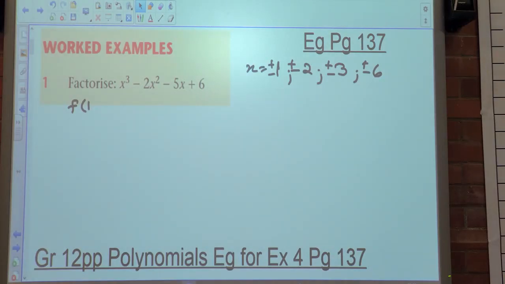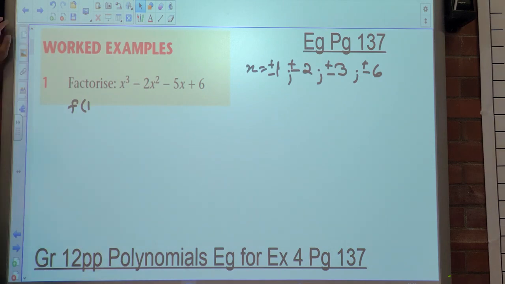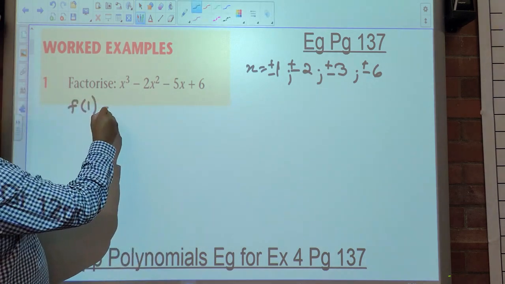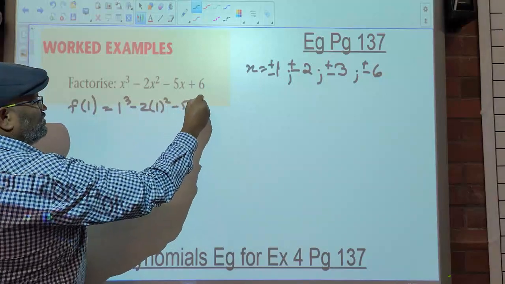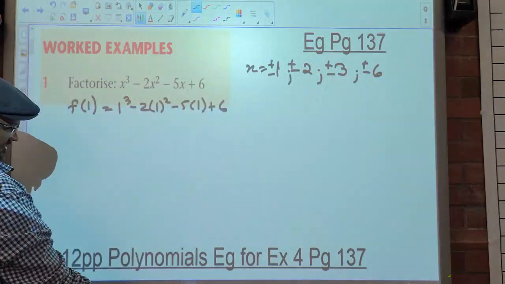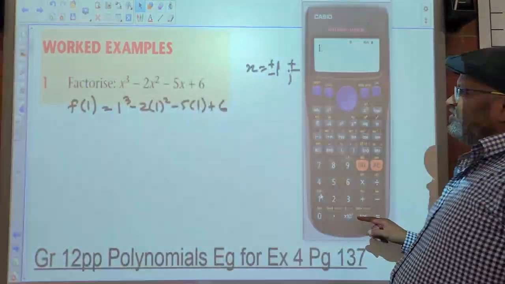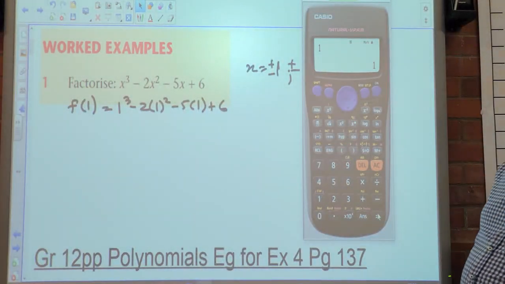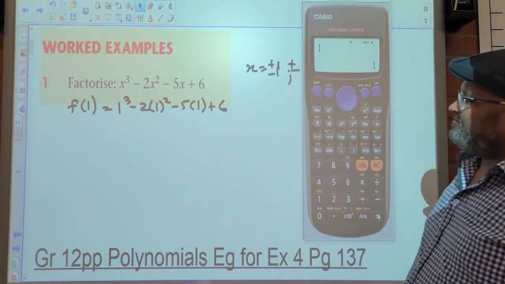Alright, so what we do is wherever we see an x, we put a 1. So we're testing now, okay? So we go 1 cubed minus 2 times 1 squared minus 5 times 1 plus 6. In the calculator, the last answer calculated is 1, so I put in the calculator 1. So what is this now going to read?